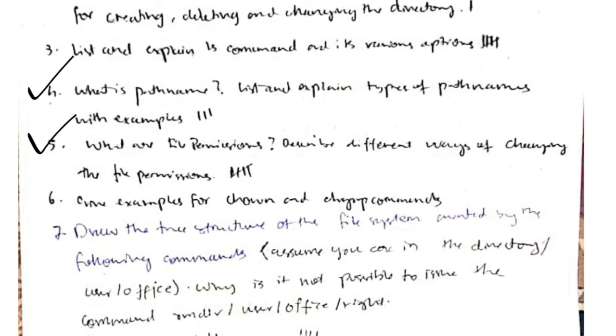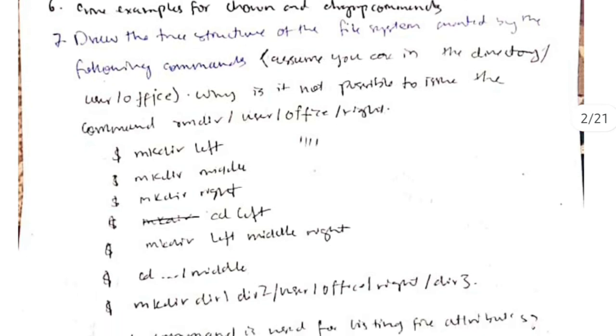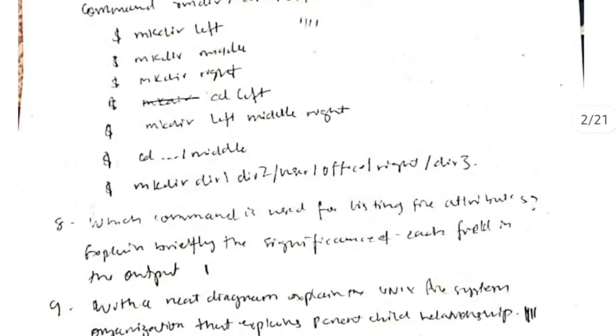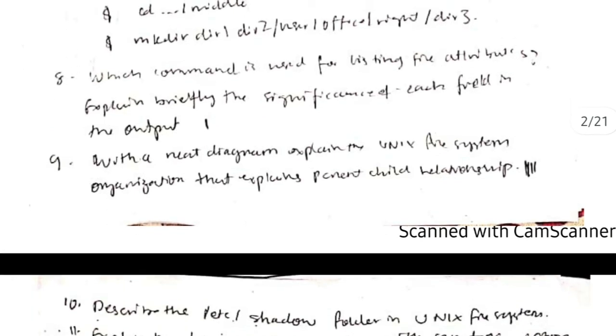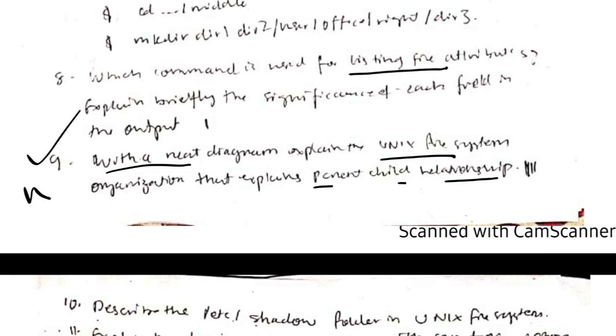We discussed file permissions, and giving examples of chown and chgrp. We discussed this in detail in the same module, and it's asked only one time, so we can ignore that for now. And we have file attributes, the ls -l command, and the tree diagram. We have to draw the tree diagram for the Unix file system, and parent-child relationship, module 1.